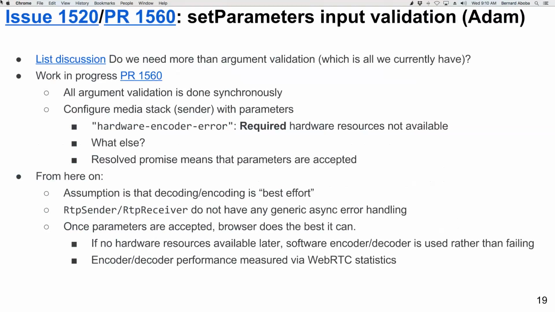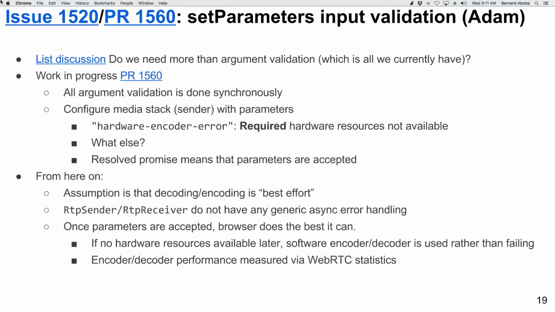So what's in PR 1560 right now is, apart from the synchronous argument check, there's a part where you in parallel configure the media stack to use parameters for a particular sender, and then there's a section where the media stack can report back errors of different kinds, and the only one currently specified is hardware encoder error.